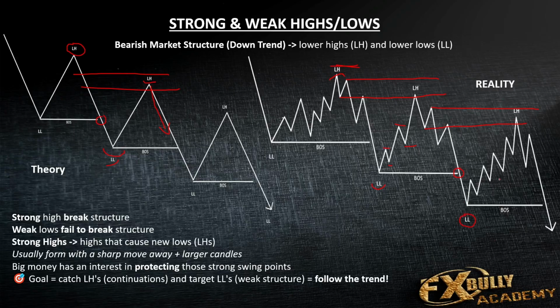Because if this market fails to take out this high, then the market needs to target this as a weak low. And that is a strong high. Therefore, it is protected. Therefore, we want to trade from a strong area to a weak area, right? We want to trade from a strong area to a weak area. Therefore, this will allow us to trade and follow the trend correctly.